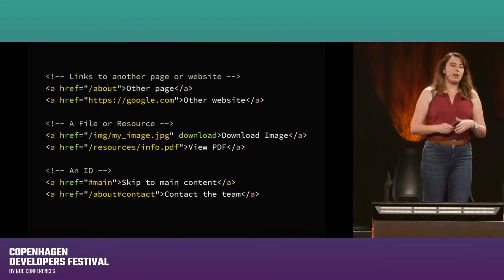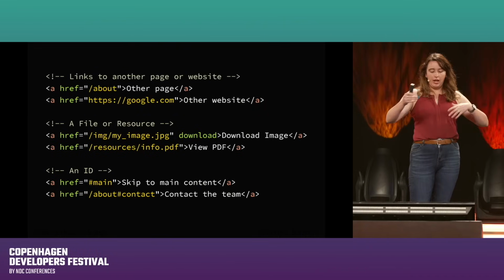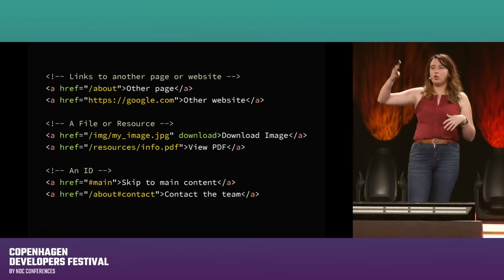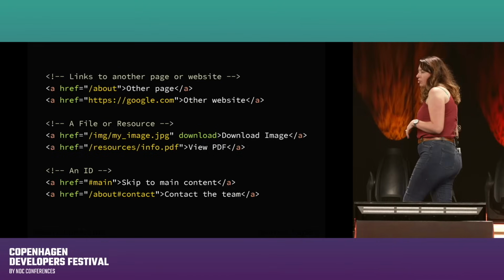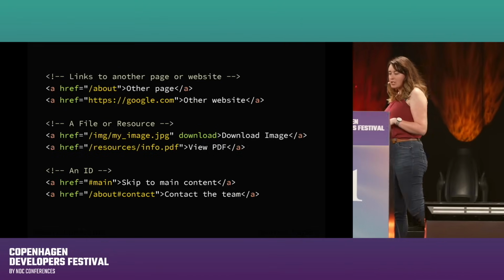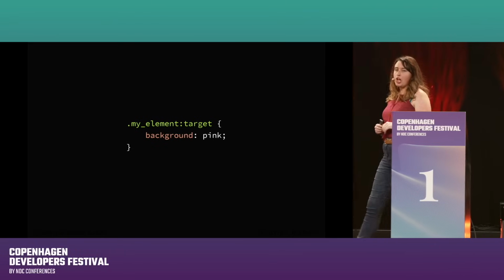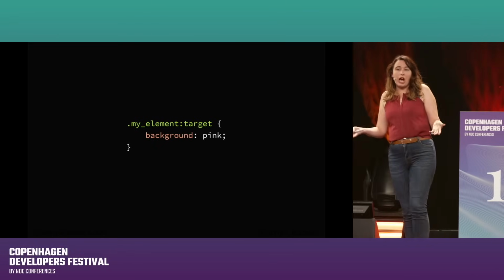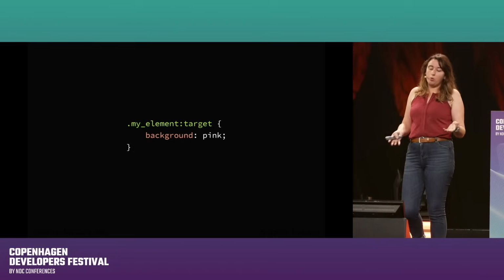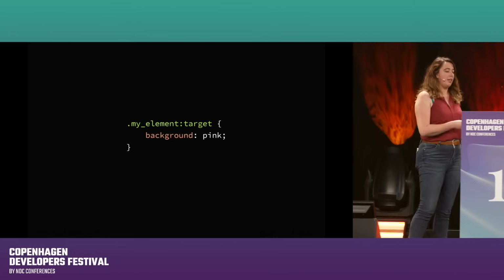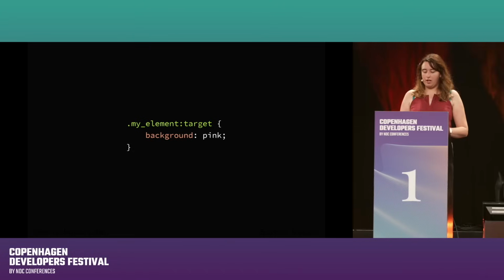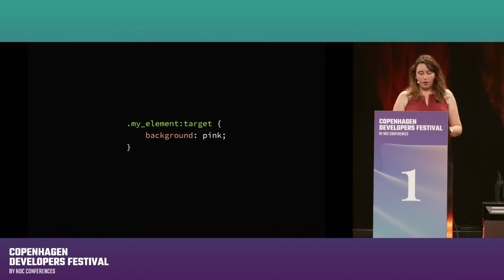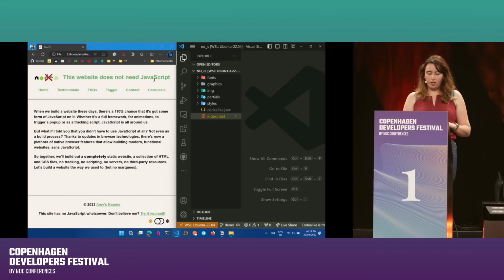So this will then change the URL, and we end up with that hash value that appears in the URL. But using CSS, we can actually check whether or not an element is targeted as part of the URL. We can check whether that already exists as part of the hash value, and use CSS to change it.